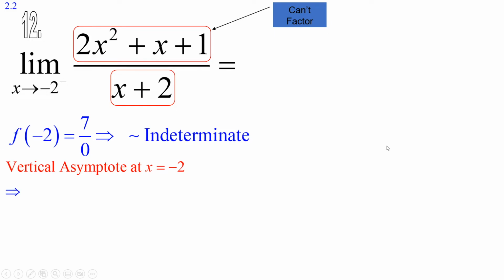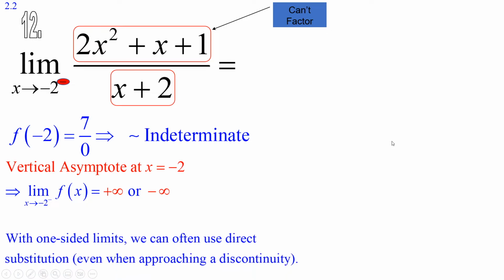So when I do my direct substitution, that's what I just verbalized right there. My numerator would still be a 7, and now I've just got to think. I know my divisor is approaching 0, but is it positive or negative? So negative 2 from the left, that'd be like negative 2.1 plus 2, and this is going to be a negative number approaching 0.